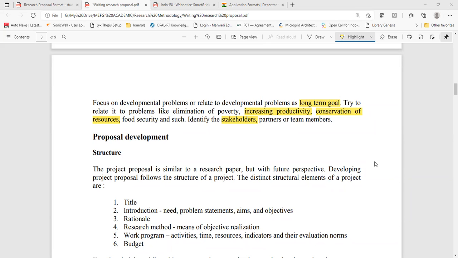Okay, so then the industry will be another stakeholder. So that's the point. Now you know why I'm telling this story of stakeholders: in your project you have to clearly mention how stakeholders will be benefited.